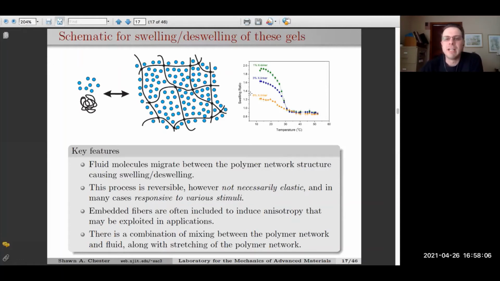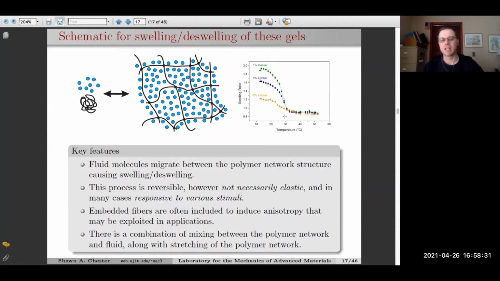And so it goes, depending on the amount of crosslinker, that's a measure of the stiffness. So for different stiffness materials, but the idea here is the trend is the same. You're very swollen at a low temperature, in quotes. You hit some critical or some threshold, and then everything deswells down to sort of the dry condition.